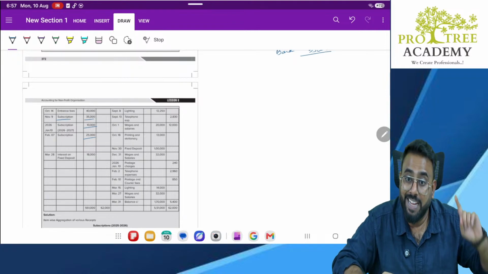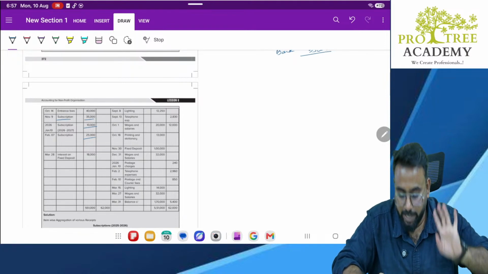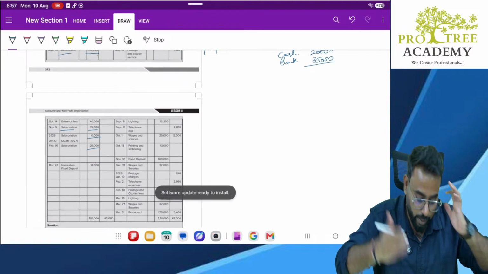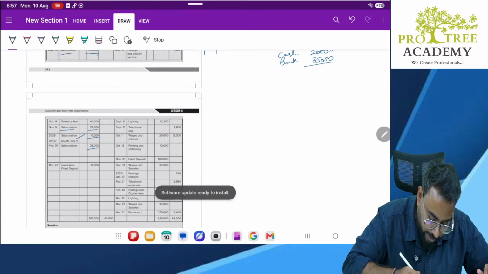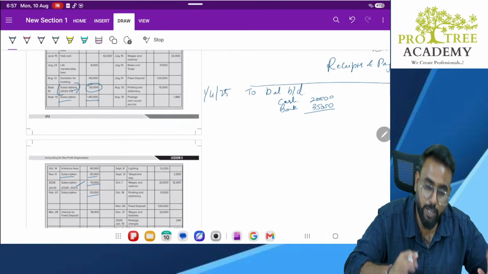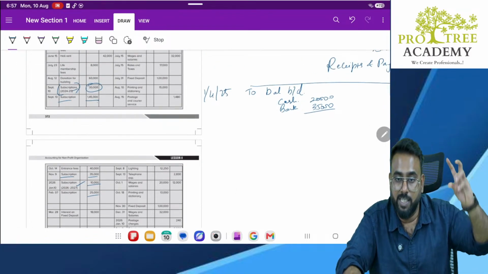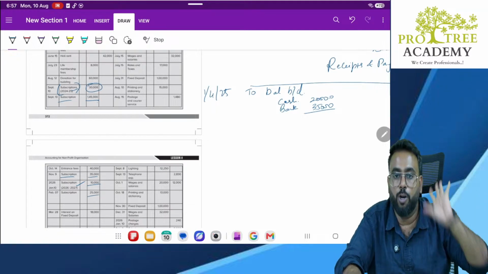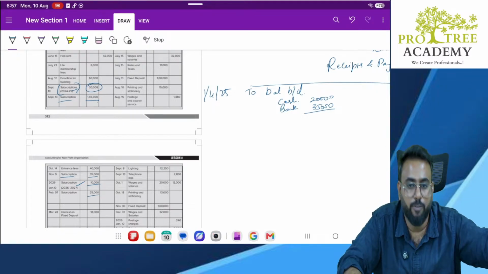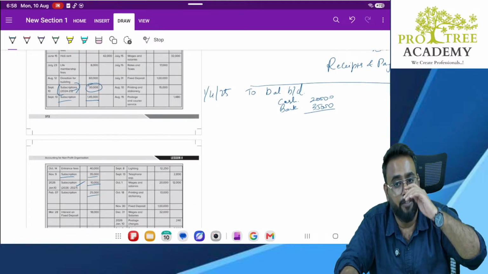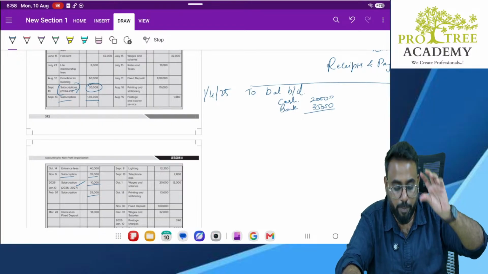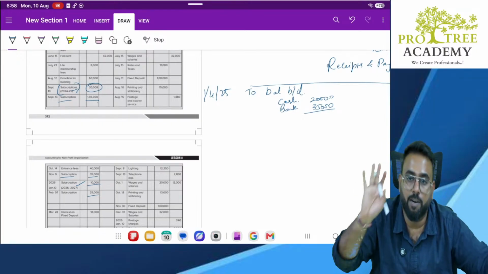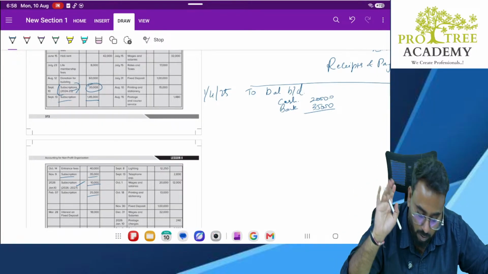See, we are preparing a receipts and payments account, not an income and expenditure account. So don't worry whether the subscription is for 26-27 or 24-25. Why? Because in receipts and payments, all the amount will come. Whether the money is for 24-25 or 25-26, I don't care. For me, what is the total subscription? That will come under receipts and payments. That's it. Correct or no?